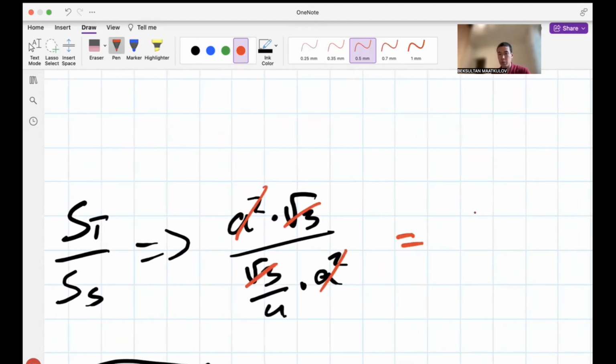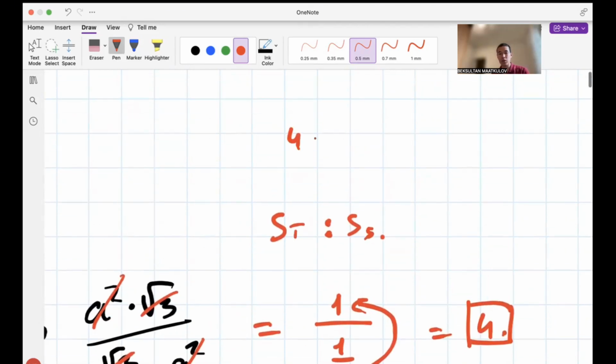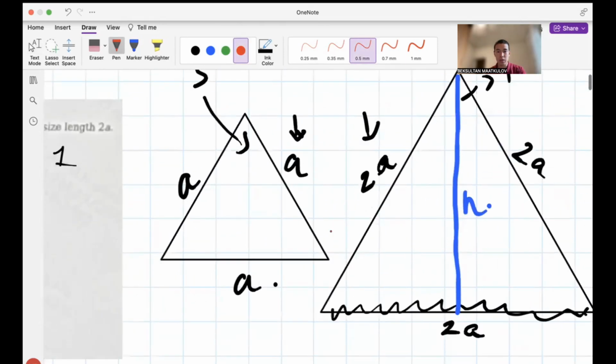What you are left with is 1 over 1 over 4, and this 4 goes upward, so it is the same as 4. So the ratio of T to S, the bigger triangle to the smaller triangle, is the same as 4 divided by 1. So the area of the bigger triangle is 4 times the area of the smaller triangle. And this is the answer.